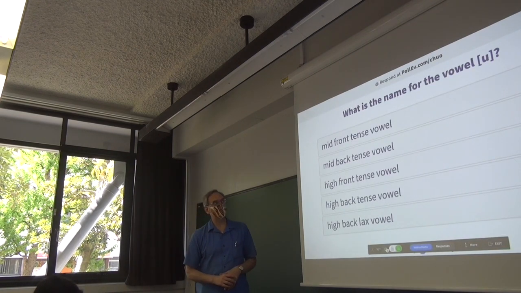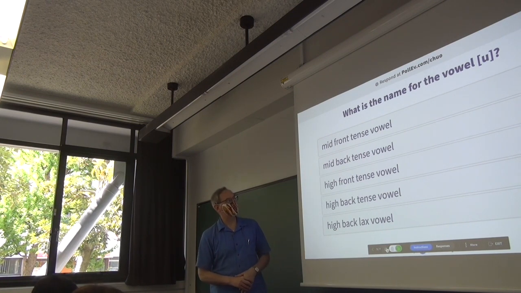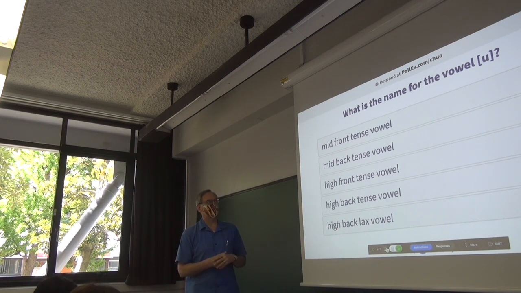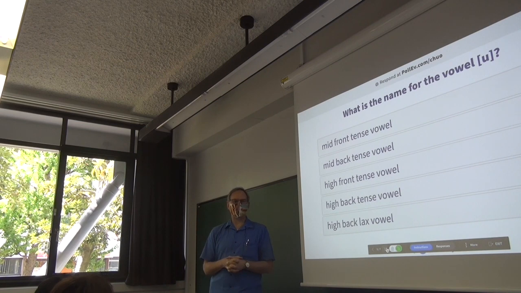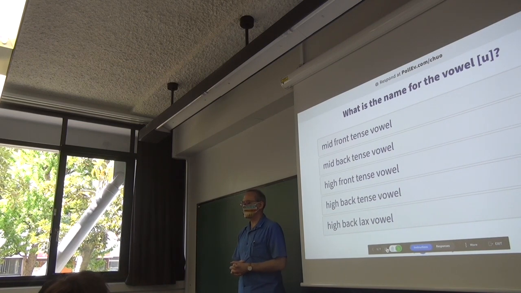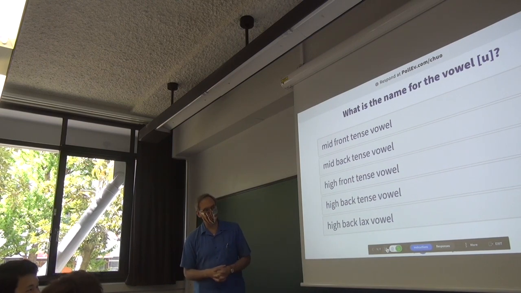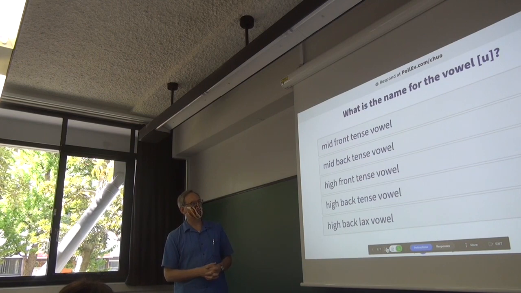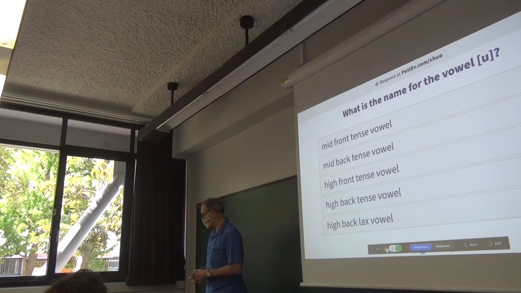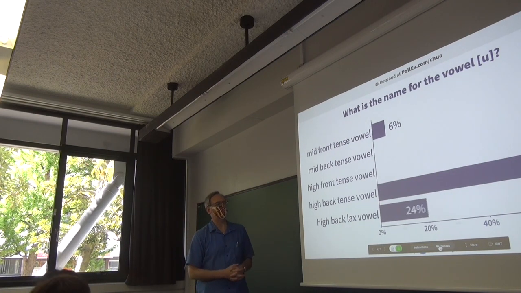What is the name for the vowel oo? Is that a mid-front tense vowel? A mid-back tense vowel? A high-front tense vowel? A high-back tense vowel? A high-back lax vowel? Which of those describes the vowel oo? People like it.